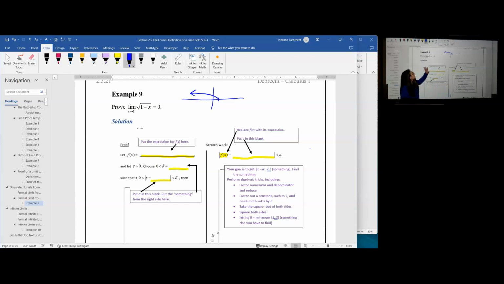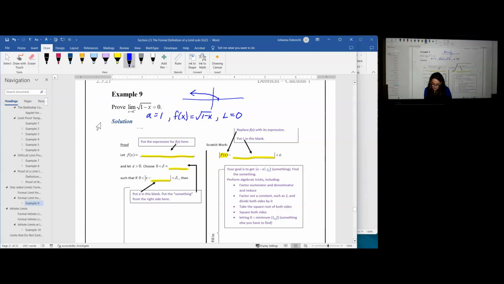So when I look at this one, I'm going to start the same way that I always start. It'll look a little bit different, not totally different, but mostly the same. I start with a being 1. My function is the square root of 1 minus x, and my L value is 0.